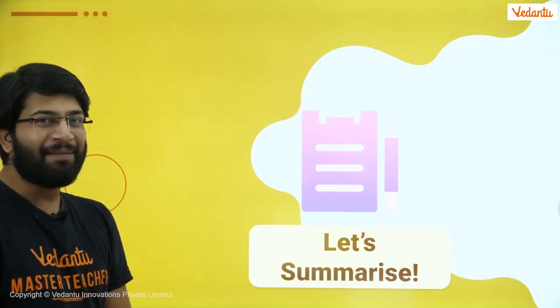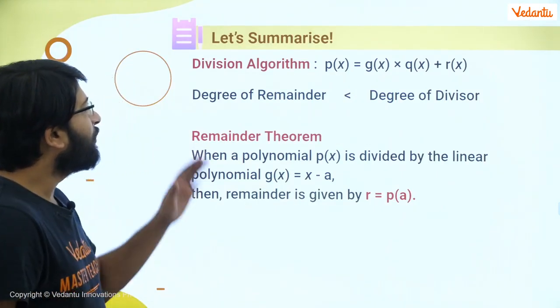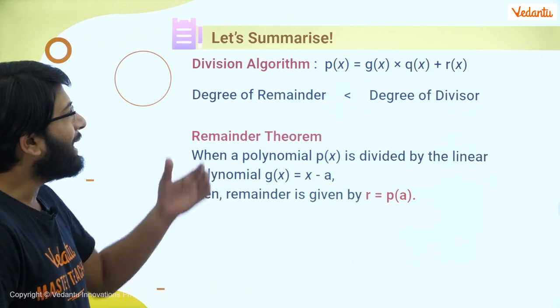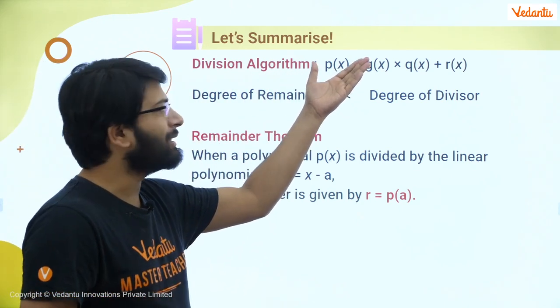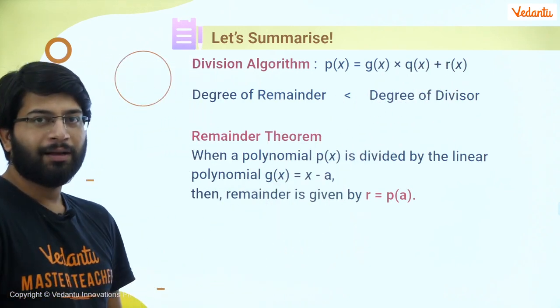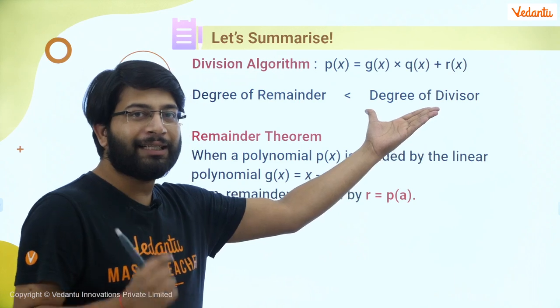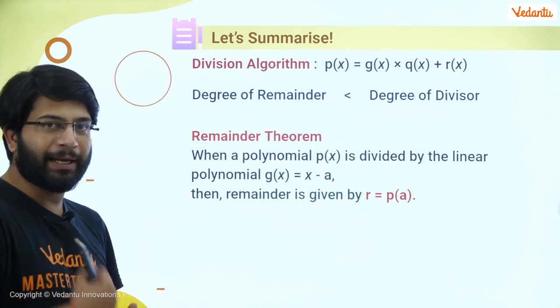So let's summarize our class, what we have learned in this. First of all, we have seen the division algorithm, that any polynomial, which is the dividend, can be written as divisor into quotient plus remainder. A very important point is that the degree of the divisor is always greater than the degree of the remainder.